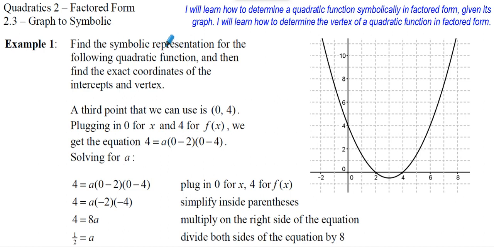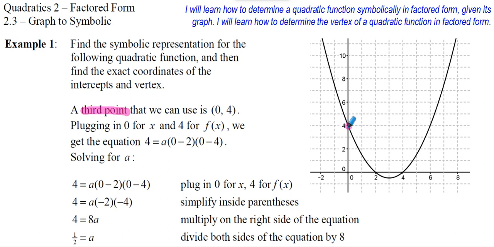Find the symbolic representation for the following quadratic function, and then find the exact coordinates of the intercepts and the vertex. So now we already found our x-intercepts, right? And then it says, find the third point. So this is my first point, my second point.